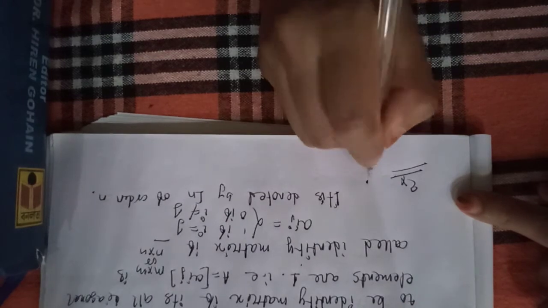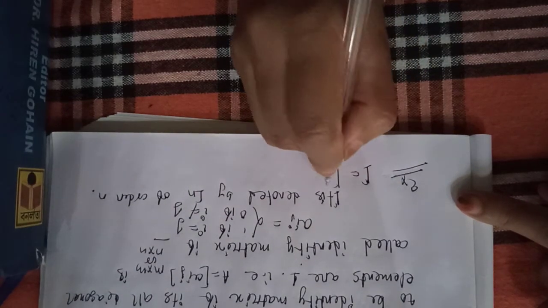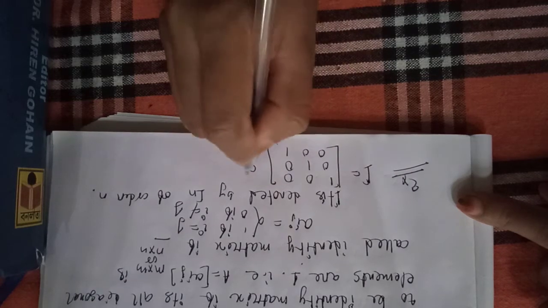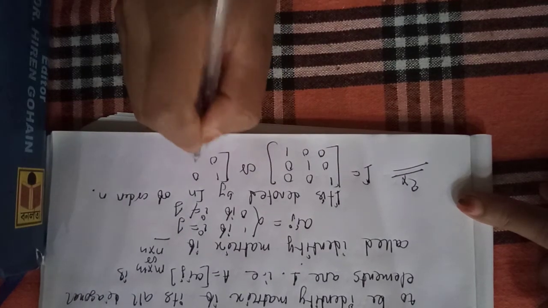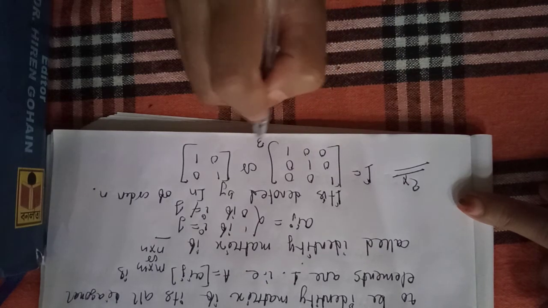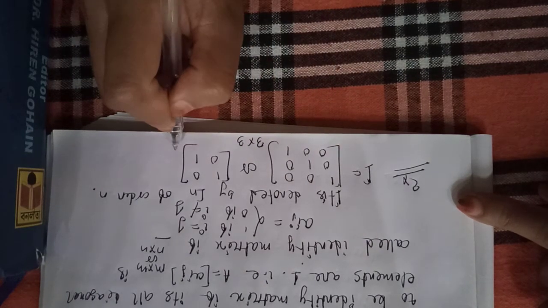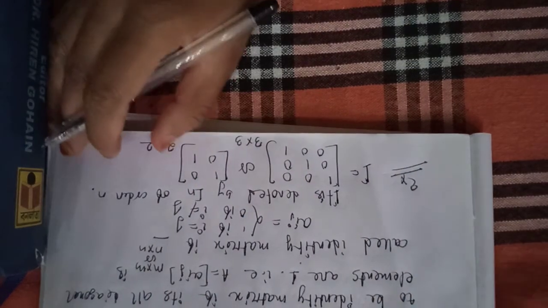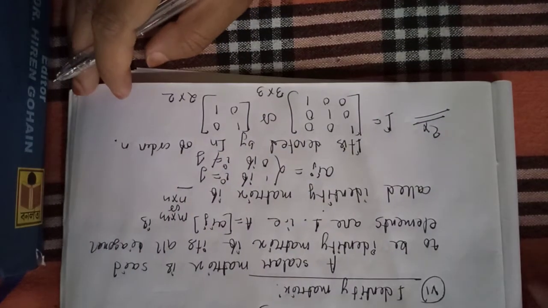Suppose I equal to 1 0 0, 0 1 0, 0 0 1, or 1 0, 0 1. So it is the identity matrix of order 3 and of order 2. These types of matrices are called identity matrices. Okay?